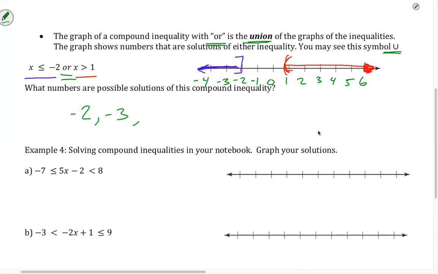All right, Lance, give me an answer. -4. Man, all you guys want to pick that side. Justin, give me another one. 2. Very good. 5, 7. Anything that is basically not in the middle where it's not shaded. Okay? So let's continue on.